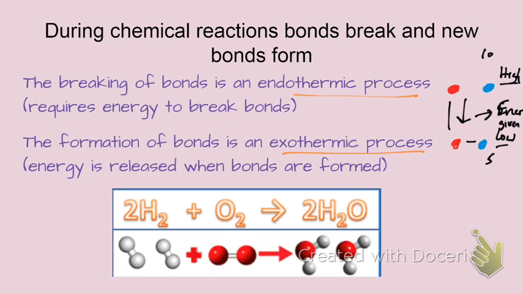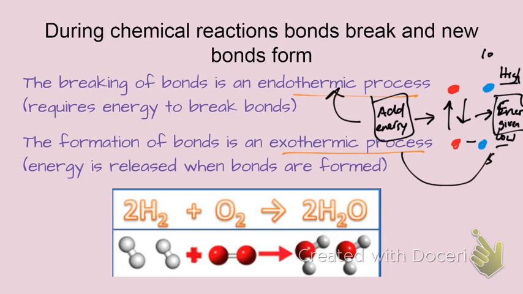But if we reverse the process, going from 5 to 10, or from low to high, you have to add energy. Anytime you add energy, that's endothermic, and anytime energy is given off, that's exothermic. Okay.